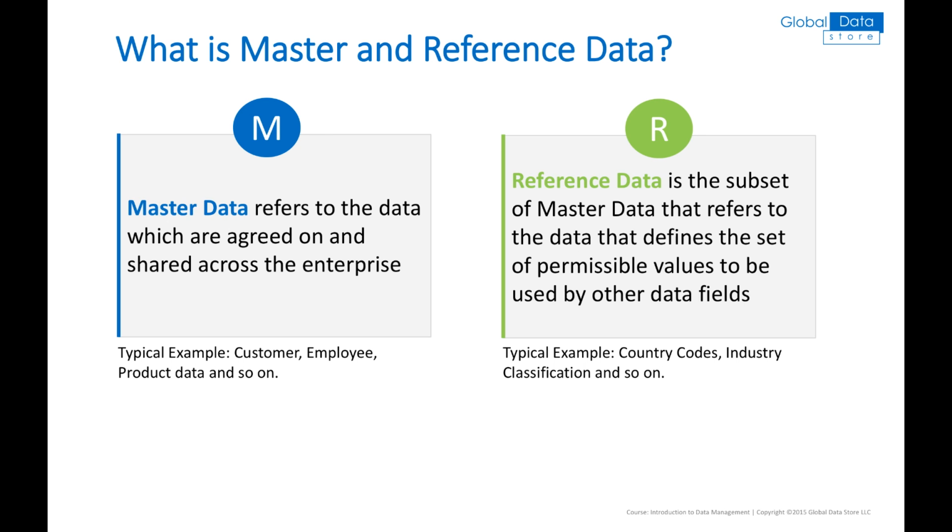Reference data is the subset of master data that refers to the data that defines the set of permissible values to be used by other data fields. Reference data usually have simple structure, like code and value combination. Typical example includes, but not limited to, country codes, industry classification and so on.